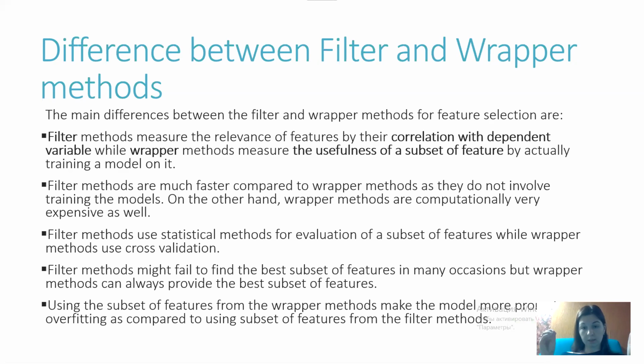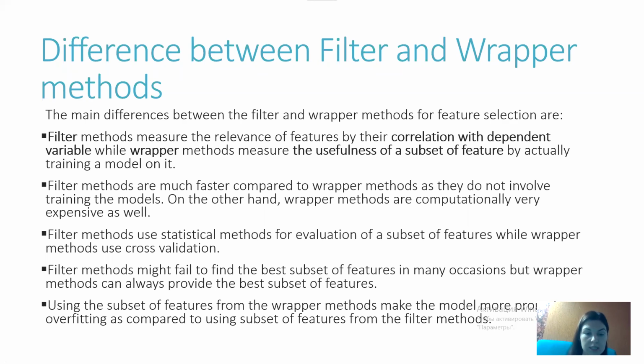So please understand this difference. Filter methods are much faster compared to wrapper methods, as they don't involve training the model, because the training process takes some time. On the other hand, wrapper methods are computationally very expensive.